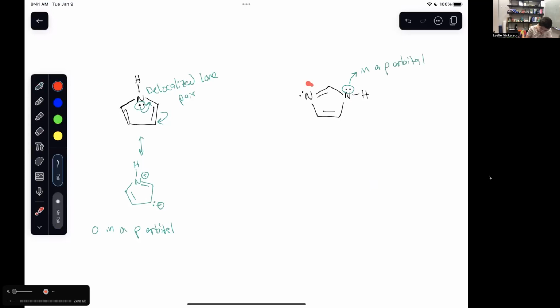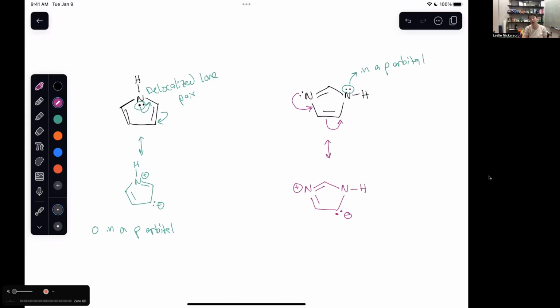But let's look at this nitrogen, okay? For this nitrogen, we technically do have that nitrogen next to a pi bond, right? It is next to this pi bond here. So what happens if I go and do this resonance structure? Okay, I'm not breaking any of my charge rules.